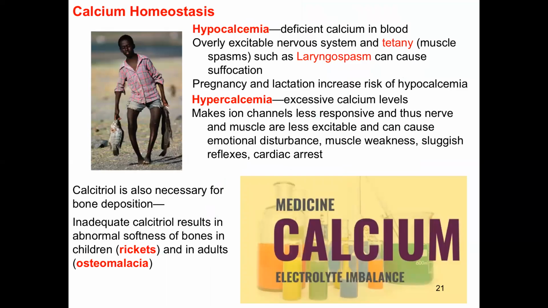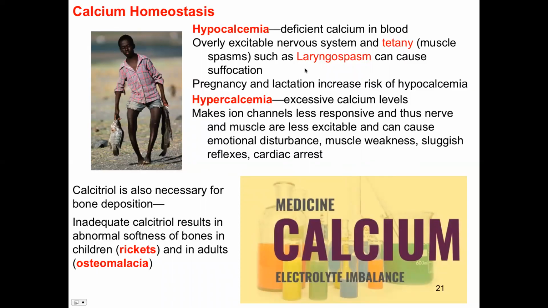Now, calcium homeostasis is really important. So if you're in a state of deficient calcium in the blood, that's called hypocalcemia. All right, so hypocalcemia, hypo always means less. What can happen as a result of that is that you have overly excitable nervous system, and that leads to tetany, so muscle spasms, and then laryngospasm is really dangerous because that can cause suffocation.